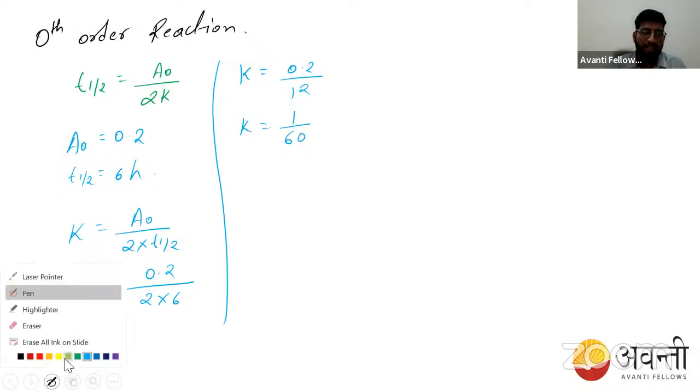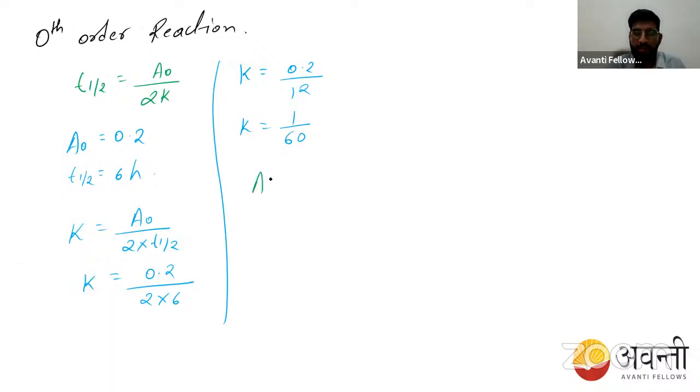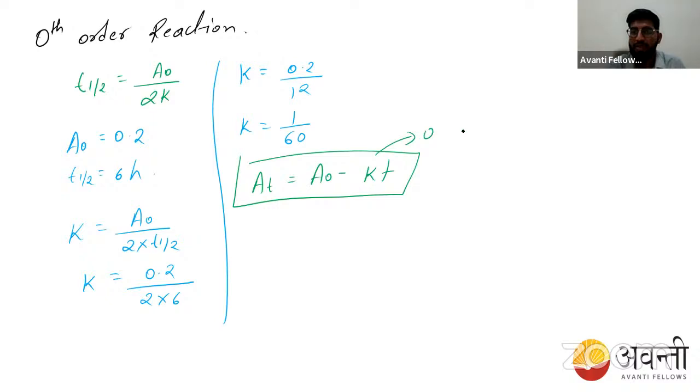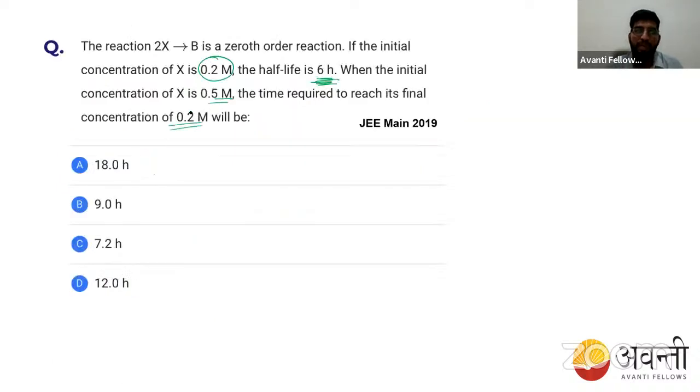For a zeroth order reaction, concentration at time T is equal to A naught minus KT. This is for a zeroth order reaction. It has to reach the 0.2 molar concentration, so I have to find out the time, and the initial concentration is given as 0.5.